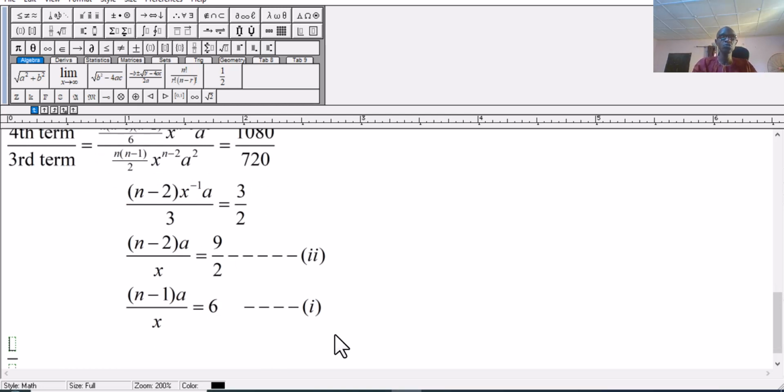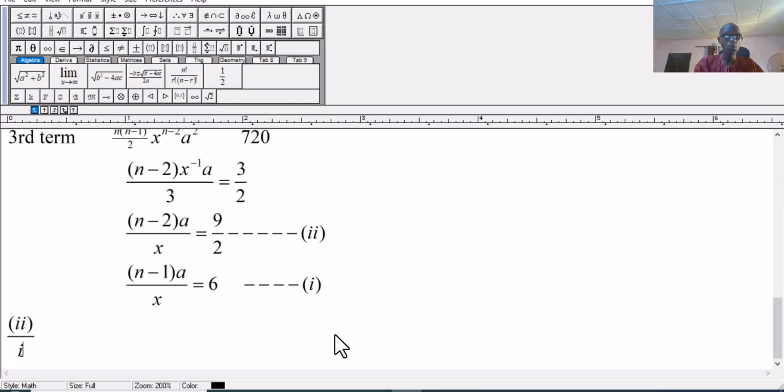So I'm going to do a division, let's say we are dividing 2 by 1. So what we have now is I'm dividing equation 2 by 1.